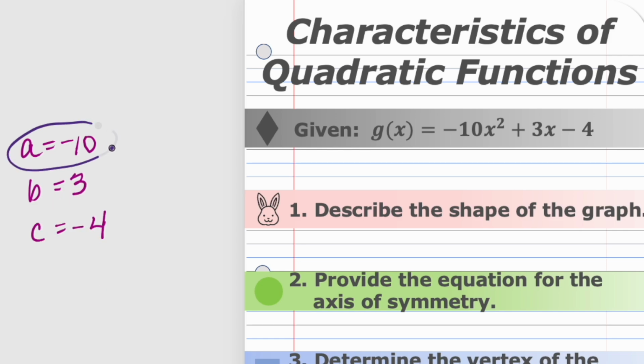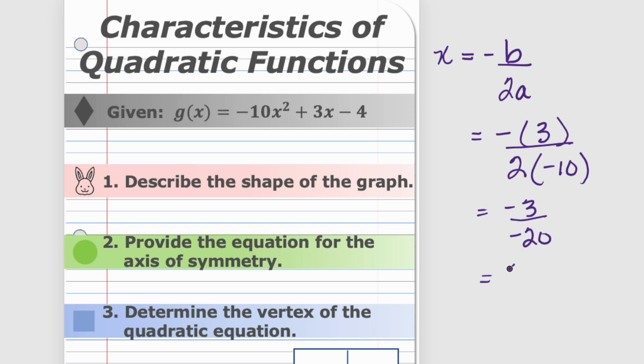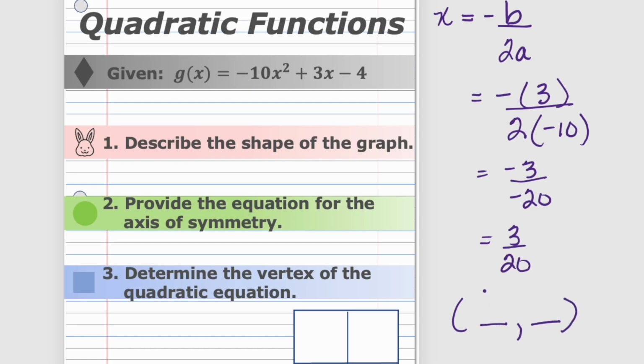So we can use a and b in the formula to find the x value. Remember to put the negative 3 over 2 times negative 10, which gives us negative 3 over negative 20, which is 3 over 20. The vertex is 3 over 20, comma something.